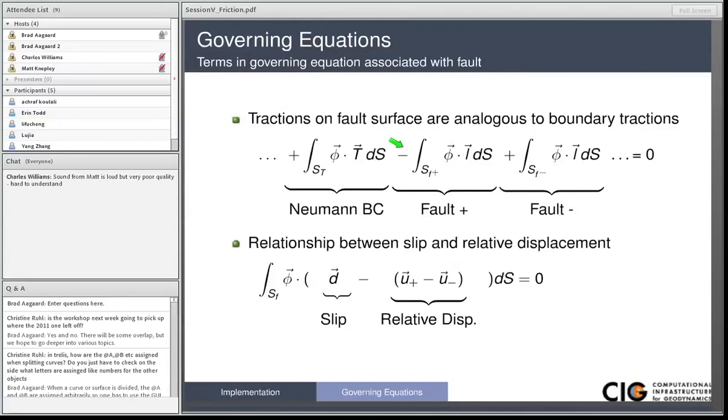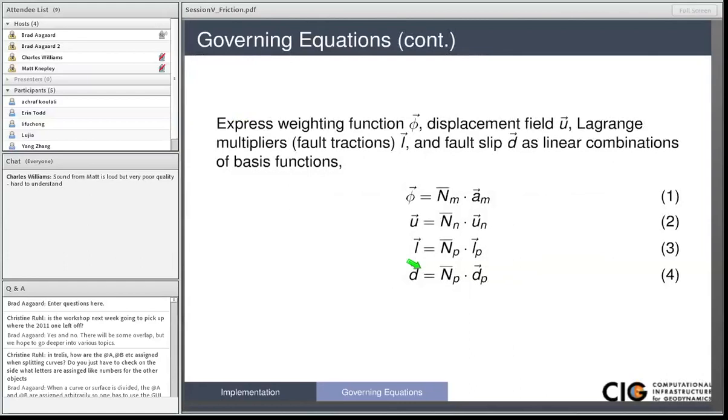On the positive side of the fault face, we have negative times the Lagrange multiplier. On the negative side of the fault face, we have positive times the Lagrange multiplier. And we also have the constraint equation written here in terms of the slip and the relative displacement integrated over the fault surface equaling 0.